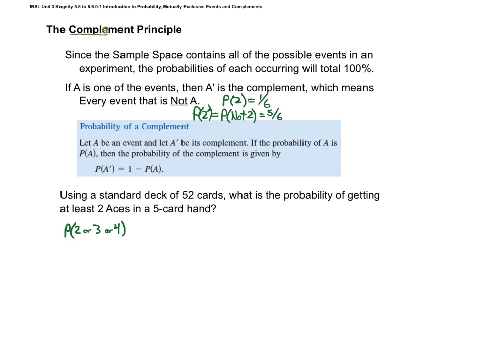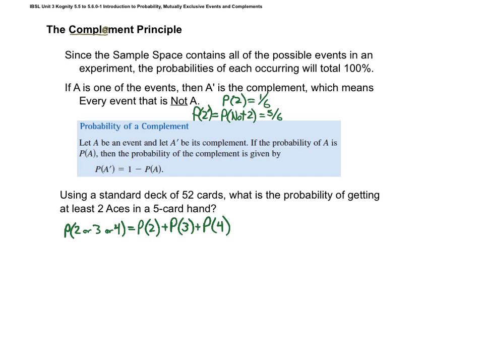This is an OR. So this is the probability of getting 2, plus the probability of getting 3, plus the probability of getting all 4.